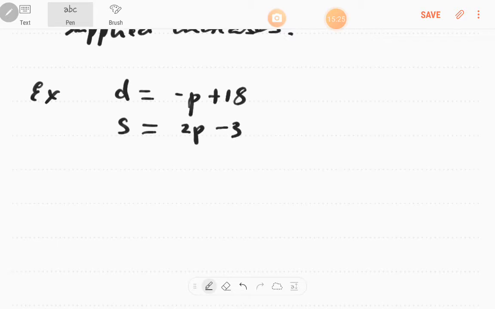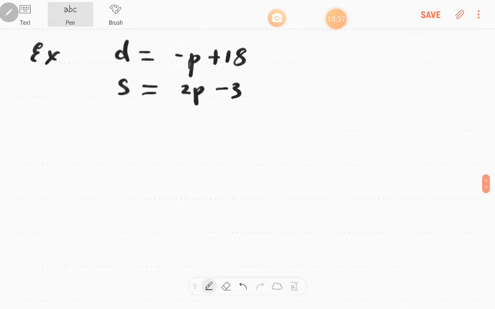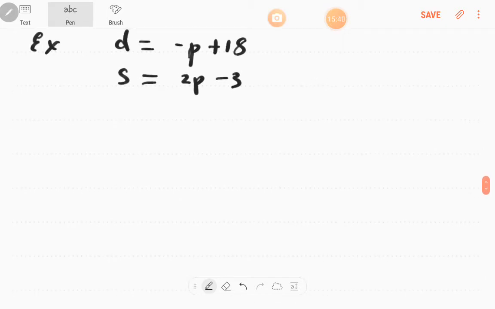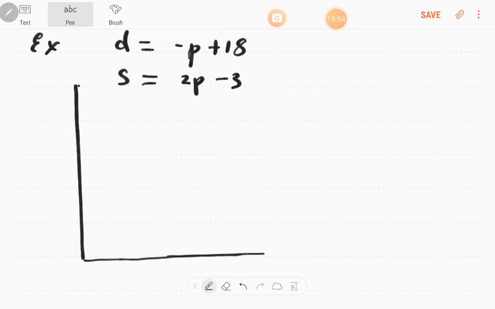Okay, so what we want to do is draw both of these curves on the same graph. Okay, so let's say here's 0, so 2, 4, 6.